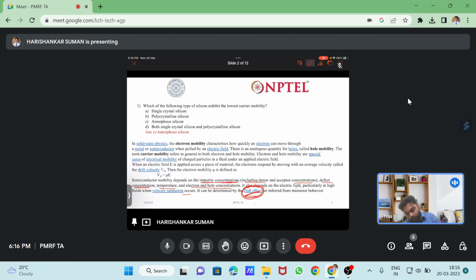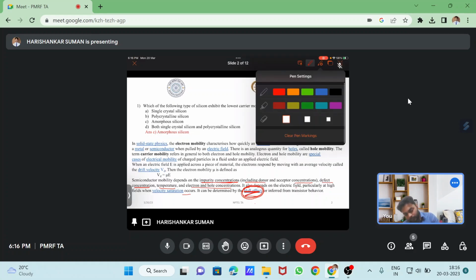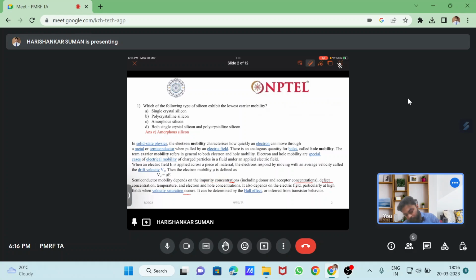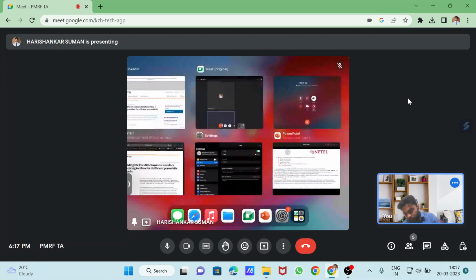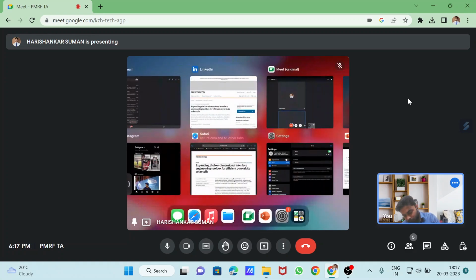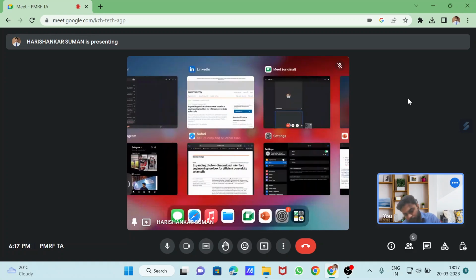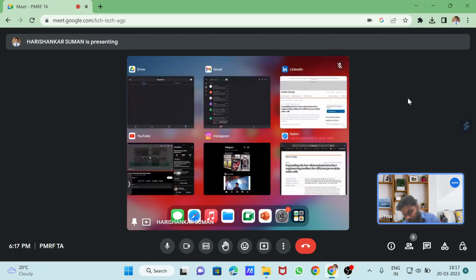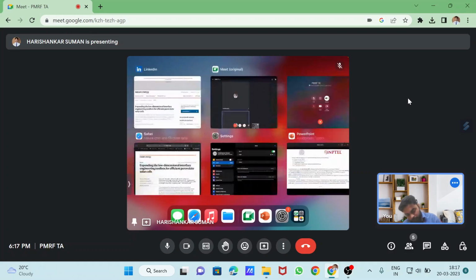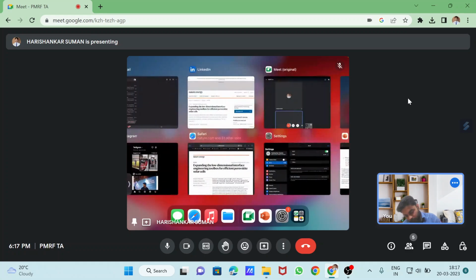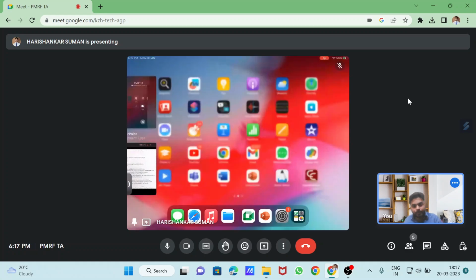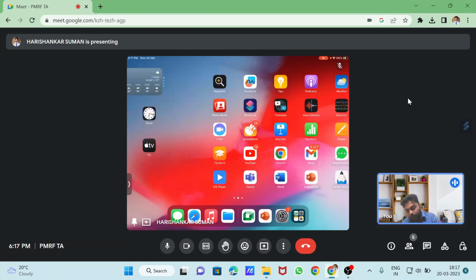Do you know the Hall effect? If you want more, you can search. Let me search Wikipedia.